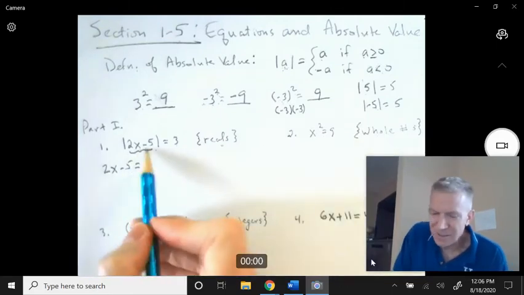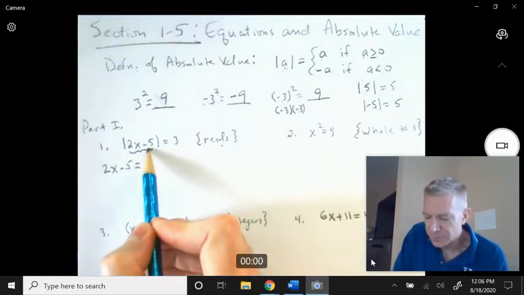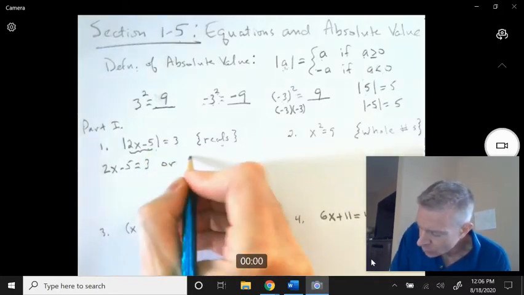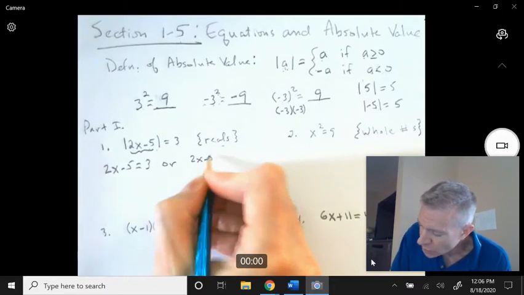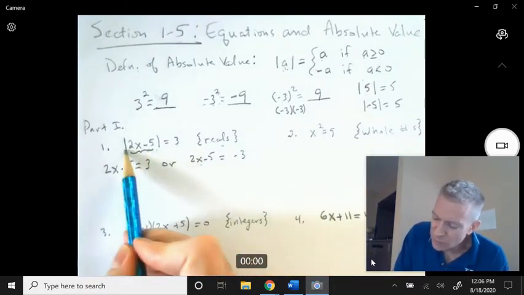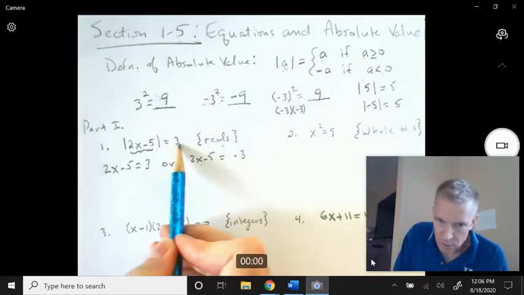Or if what's in here ends up being negative, we have to switch the sign of it. So 2x - 5 also might equal -3, because if this thing equals -3, the absolute value makes it +3, and that works also.